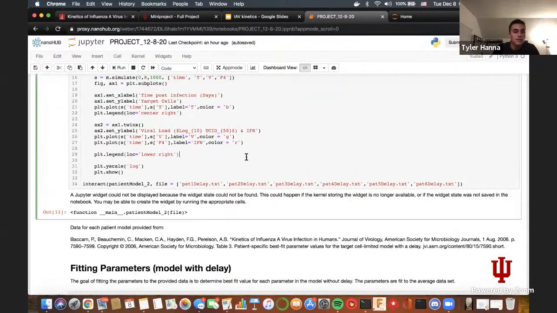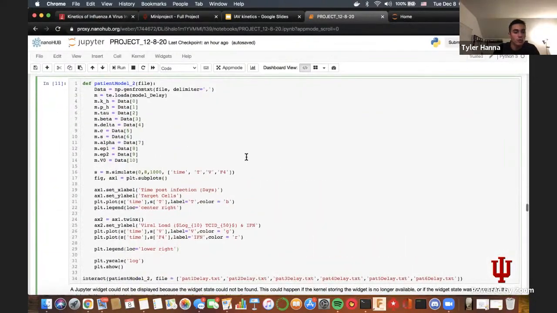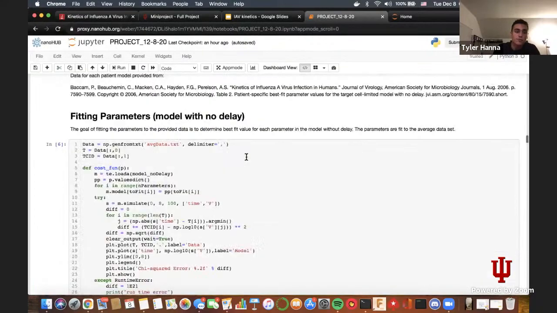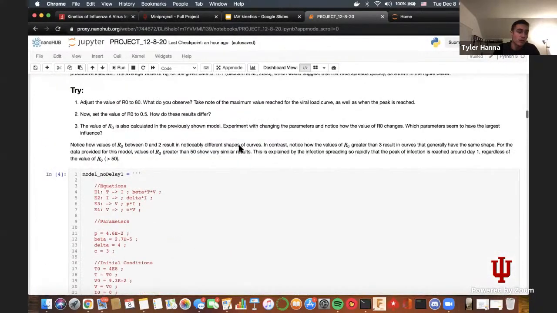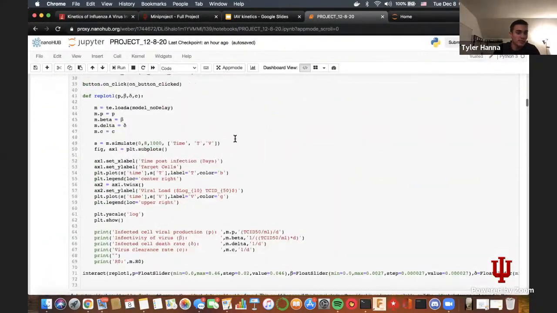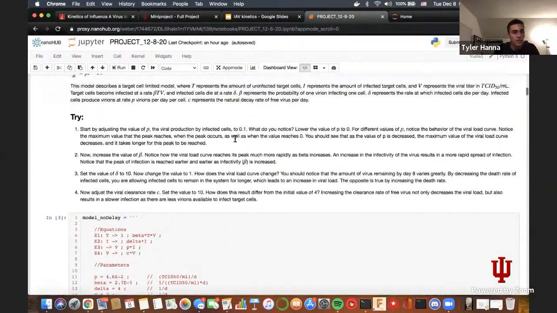And here I have individual patient data for each patient in the delay model, which is where I expected to see the double peak in viral load, but I, for some reason, could not get it to work.